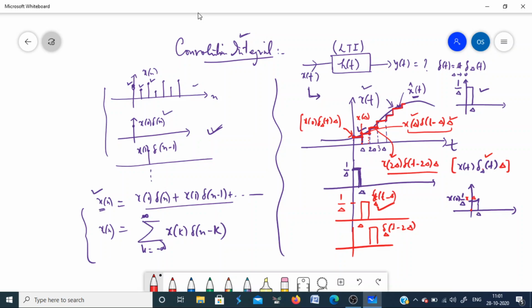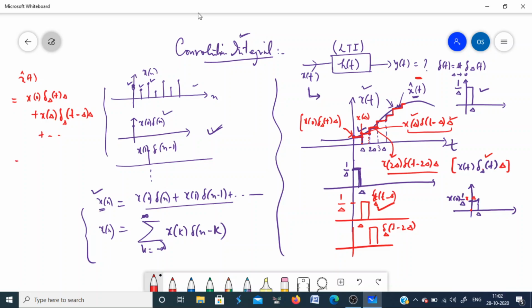It means this x cap t, how can I write it? I can write x cap t is equal to x0 delta del t times del, plus x of del delta del t minus del into del, and so on.